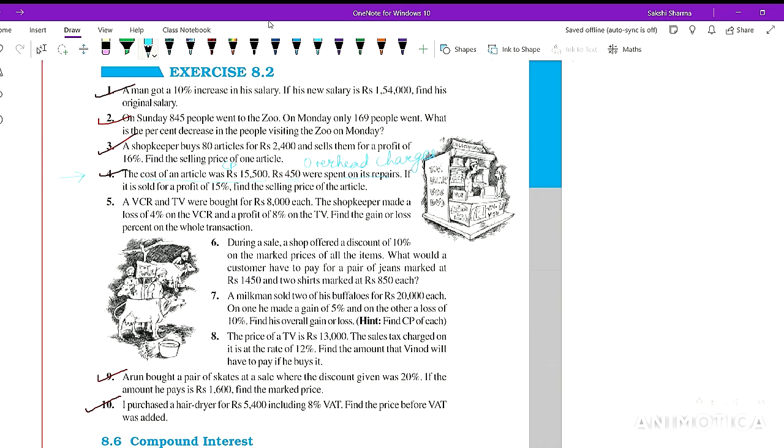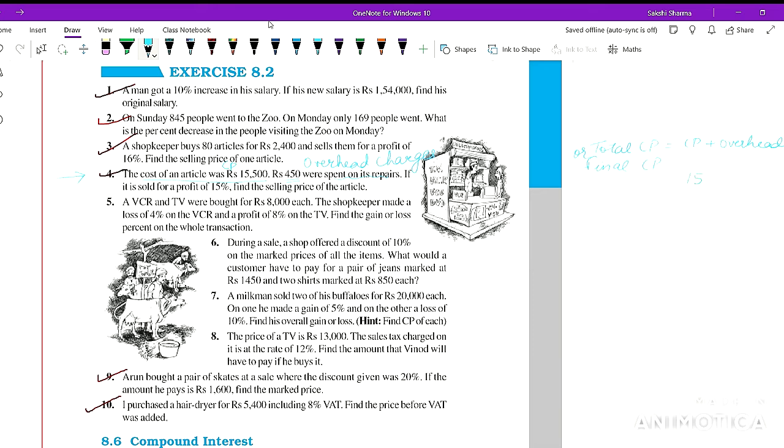So the CP, which is 15,500, overhead expenses or the overhead charges are 450 rupees. The first step will be to find out the final CP or the total CP. This is given by CP plus the overheads.